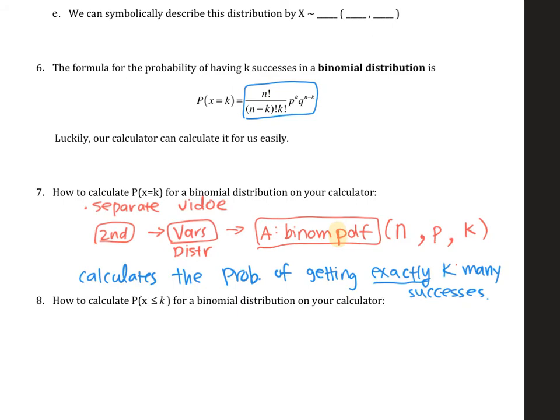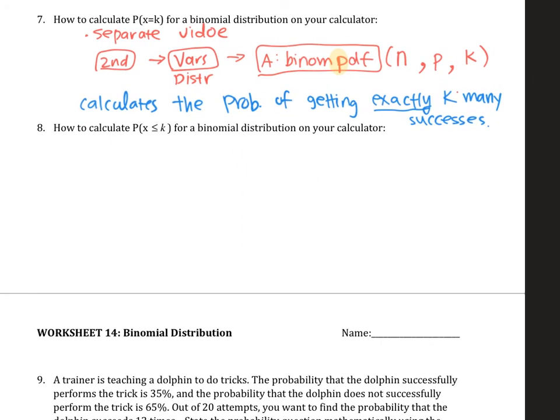because the next function key does something slightly different. So I just want to make sure we can tell the difference between that and that. The next question says how to calculate the probability of x less than or equal to k. Basically, this one calculates the probability of getting, notice it says x is less than or equal to k. The previous one was x is equal to k, right? That's why I underlined exactly k many successes.